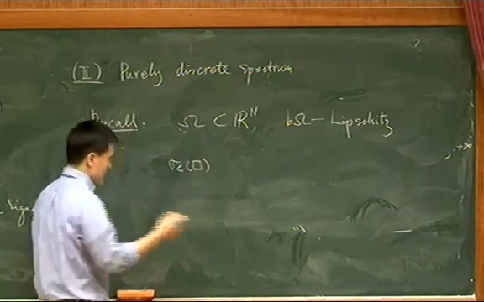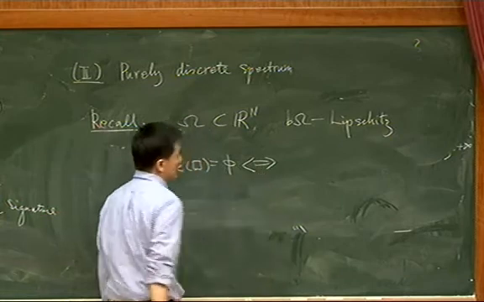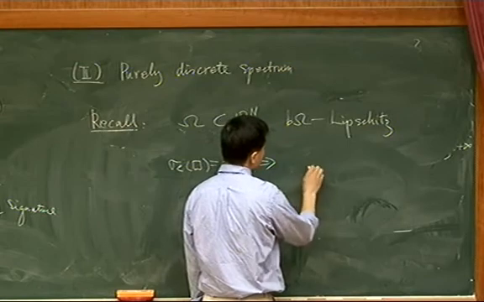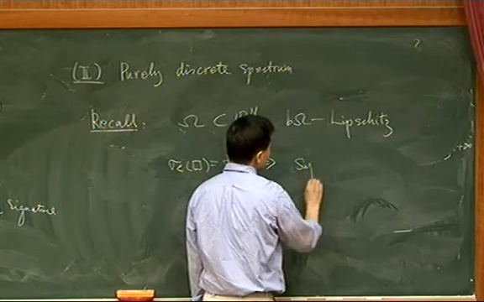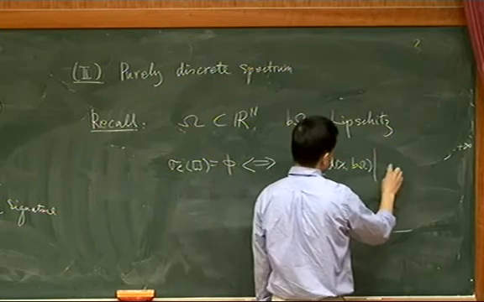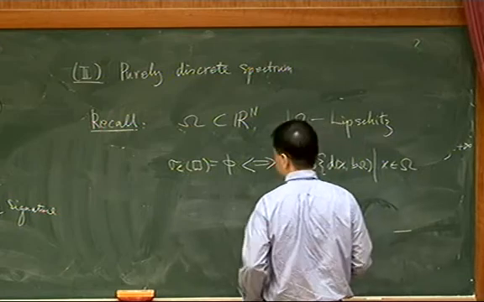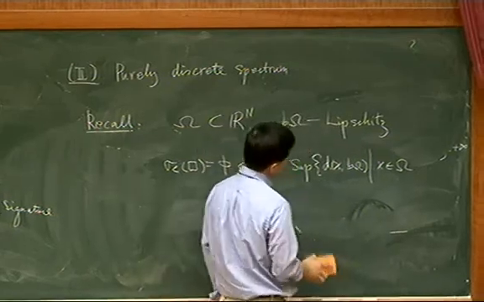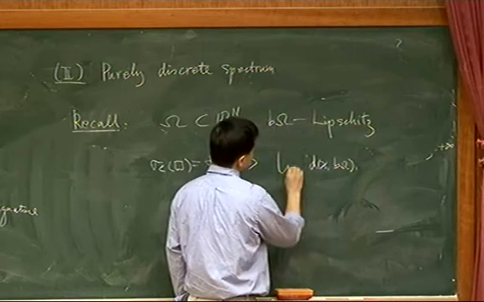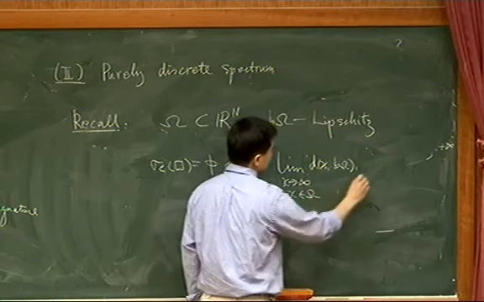That means that the spectrum is purely discrete, which is equivalent to the distance to the boundary, the limit of this as x goes to infinity, when x is in omega, must be 0.